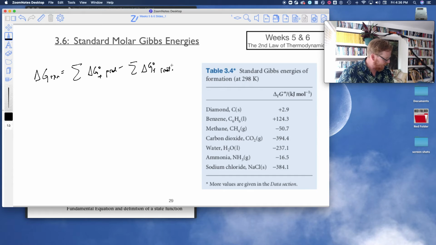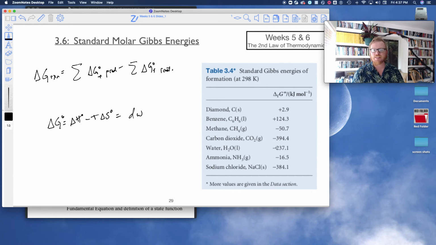But what I really wanted to get into with this, so we note that also delta G of a reaction, I'll put the 0 there for standard, we can write delta H minus T delta S, this relationship that we've been talking about. And we should really recognize that this is dW. This is work, okay?